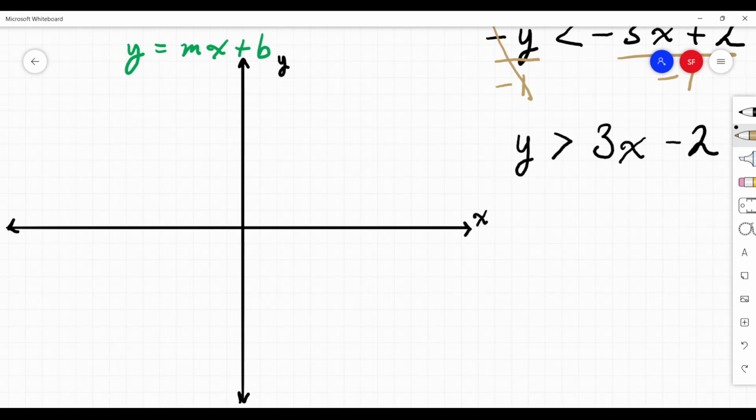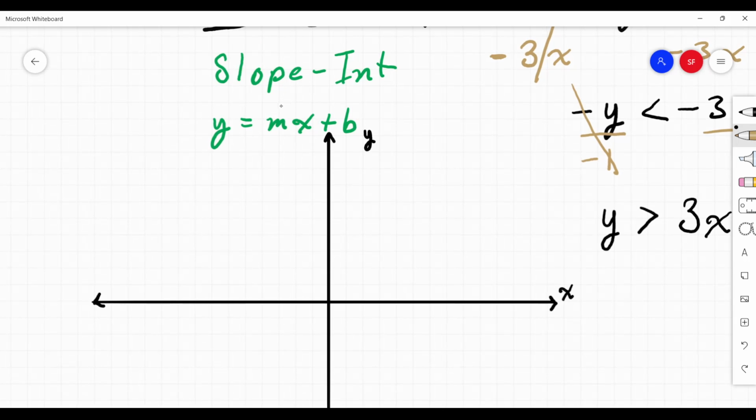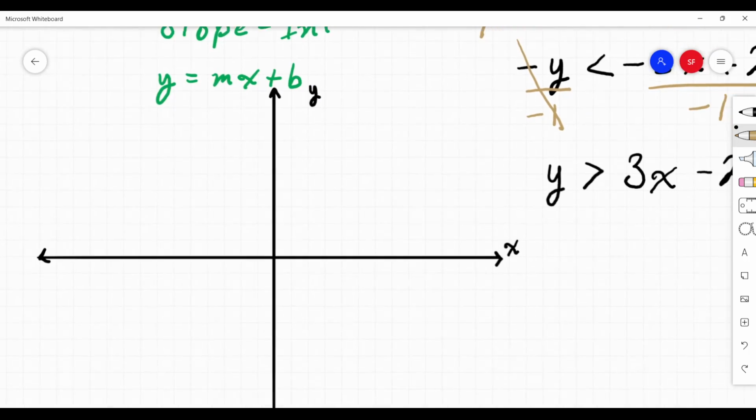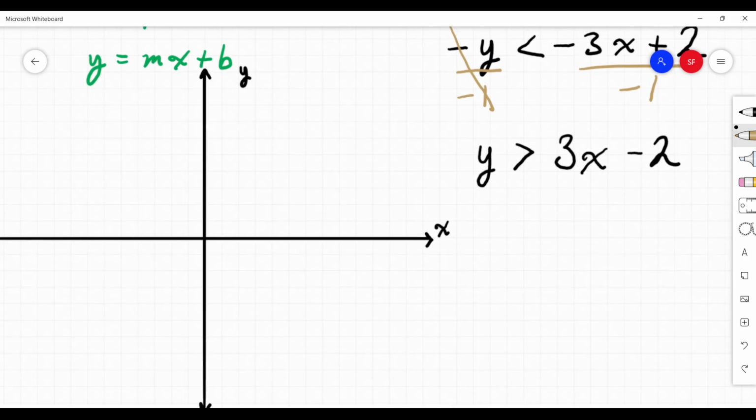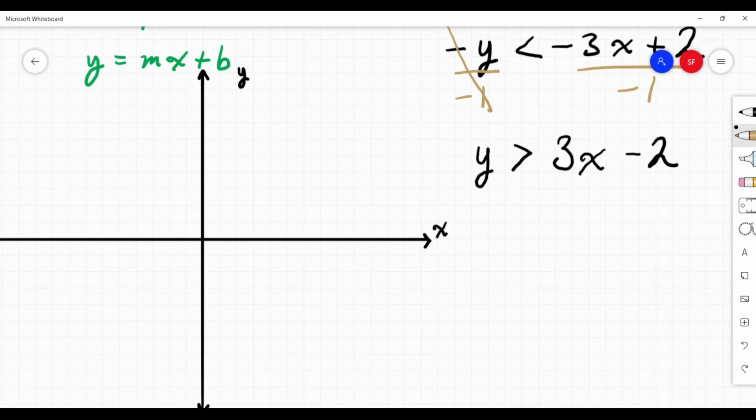Which one is the intercept? Is it this one or that one? The b. The negative 2. So we're going to put a dot at the negative 2 on the y-axis, right?